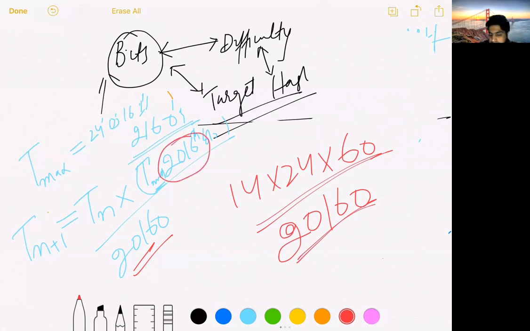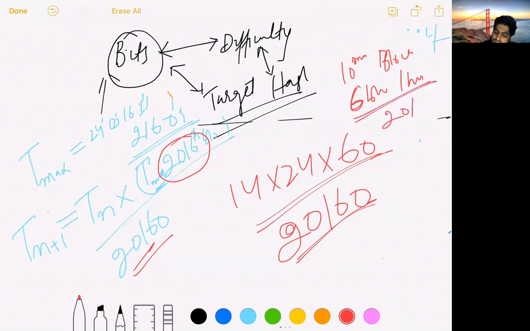Because as per the Bitcoin protocol, as per the standard for Bitcoin, it takes 10 minutes to generate one block, right? So 6 blocks in 1 hour. By this logic, how many blocks should be generated in 14 days?